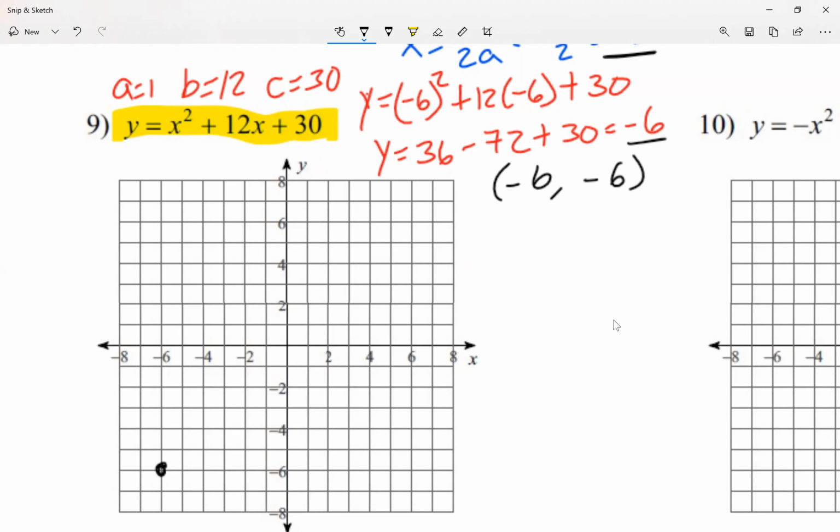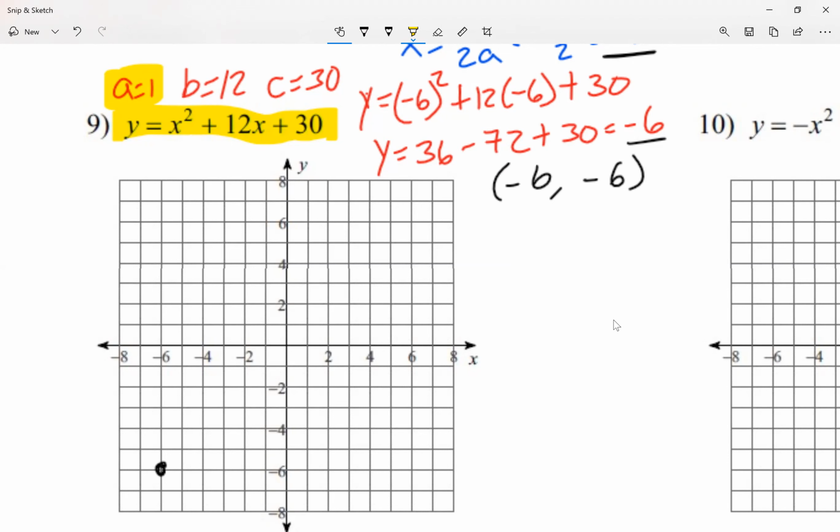Interesting part is that I used my a value. I'm looking at the sign. A is positive. So I have an idea how this thing's going to look. I have a vertex and it's going to be opening up. It opens up because my a value is positive. If my a value was negative, I would say this thing opens down.